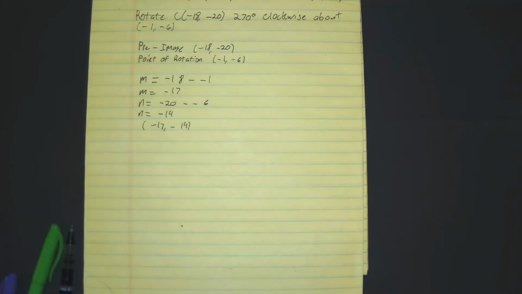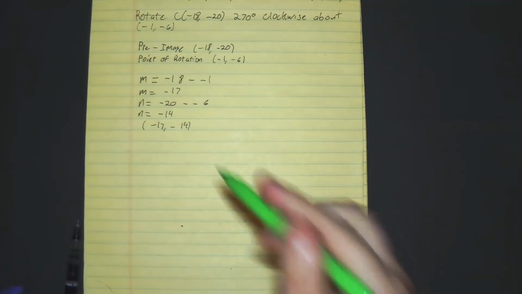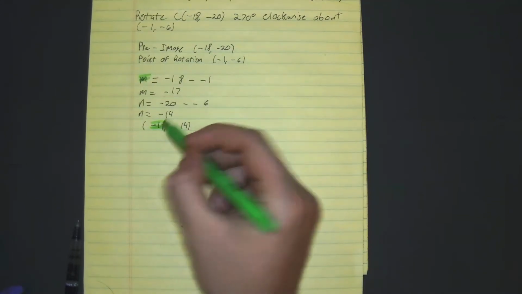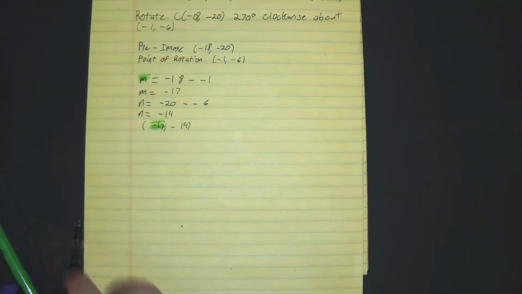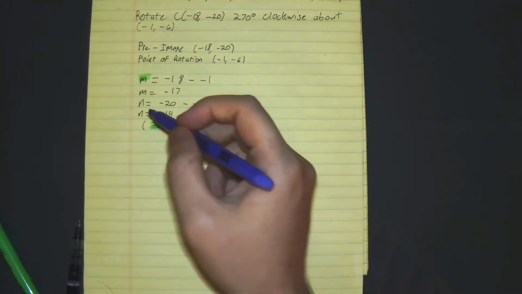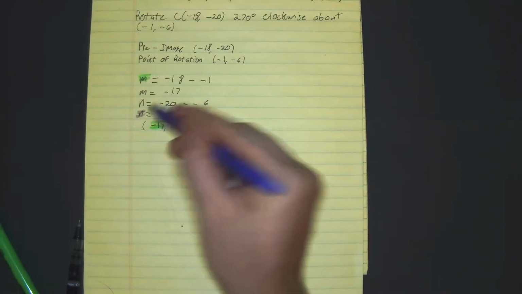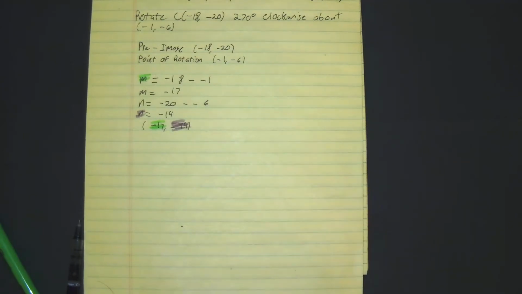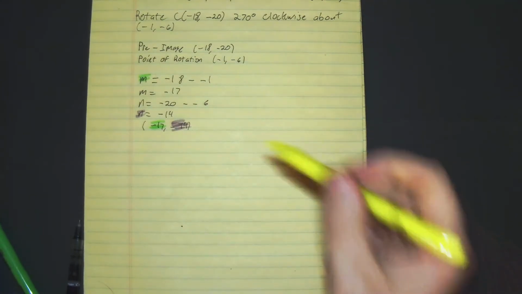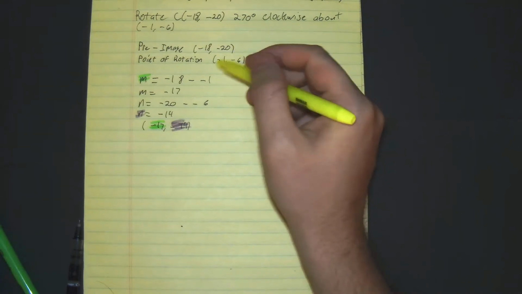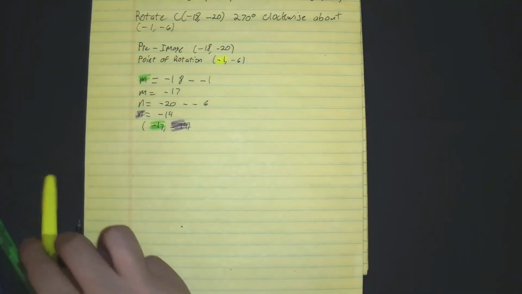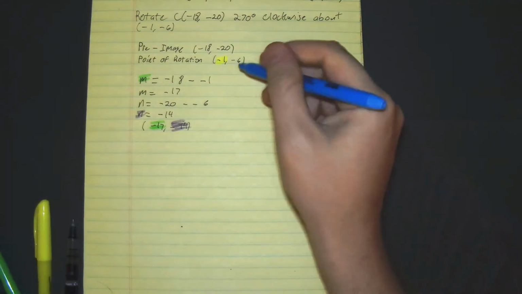So let's just get some highlighting done. M is negative 17. Then we have N is located at negative 14. And then another point that's important is negative 1 and negative 6.